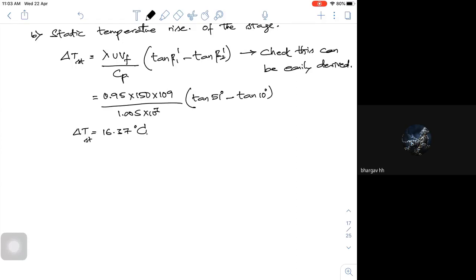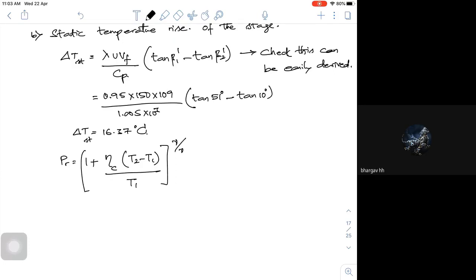And from this I can find the static pressure. We have the formula, which is 1 plus your efficiency into T2 minus T1, this already we have derived, divided by T1, whole to the power of gamma by gamma minus 1.